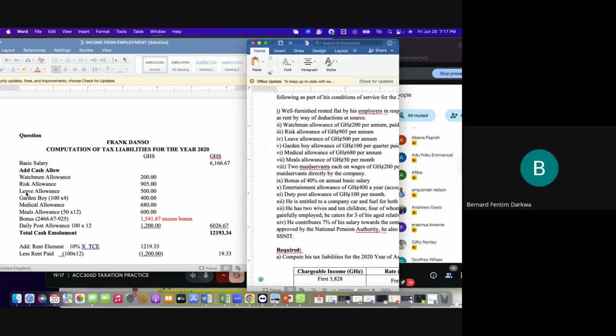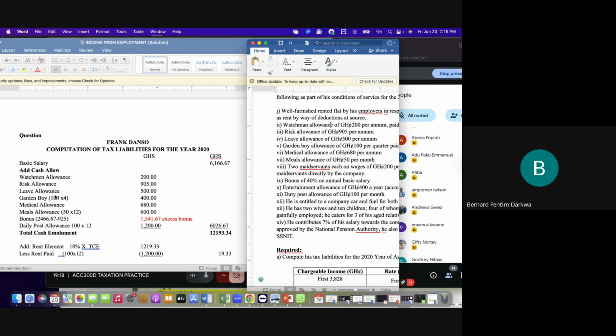Then the next one, risk allowance 905. It's also a cash allowance. So we list it: risk allowance 905. Leave allowance, they are listed here. So leave allowance 500 per annum. For the whole year, everything is per annum.